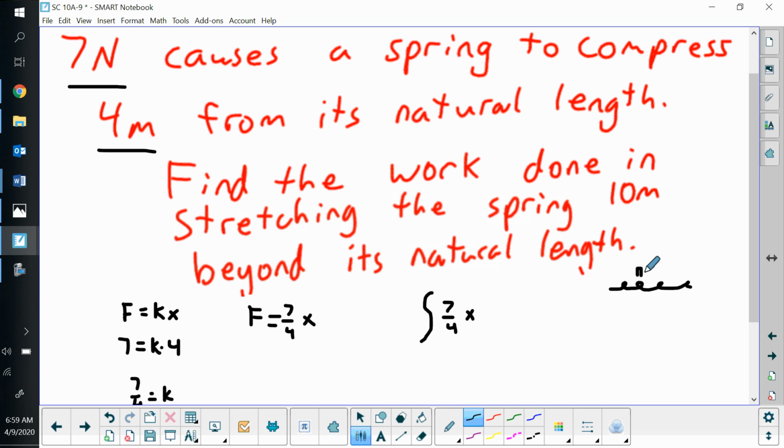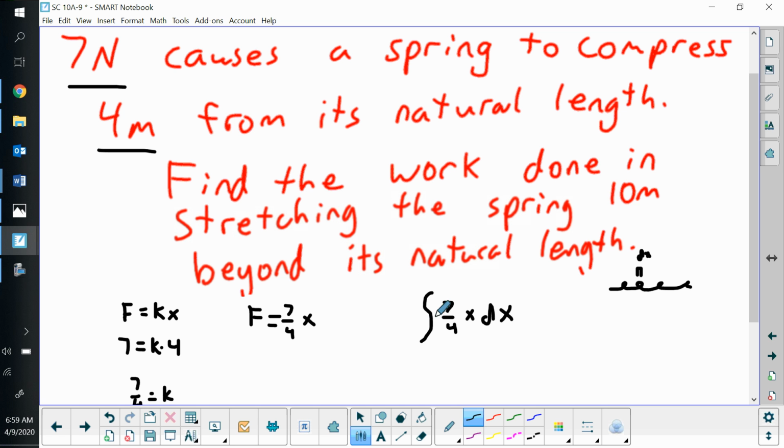It's the same thing with the spring. You're going to split it into little tiny distances that you're stretching and then add each of those distances up. So our distance that it's traveling is dx. The integral finds the force it takes to stretch each little tiny distance, and then the integral adds up all of those work amounts for the entire interval.